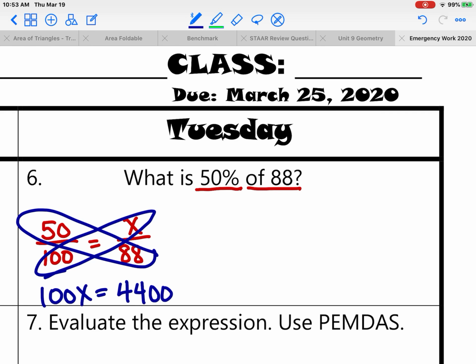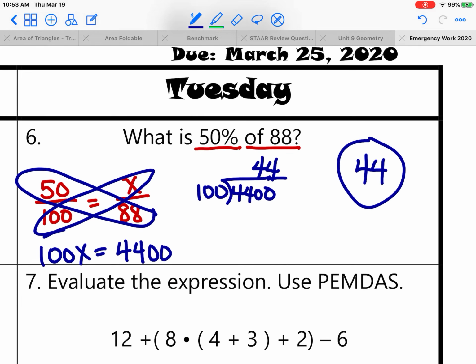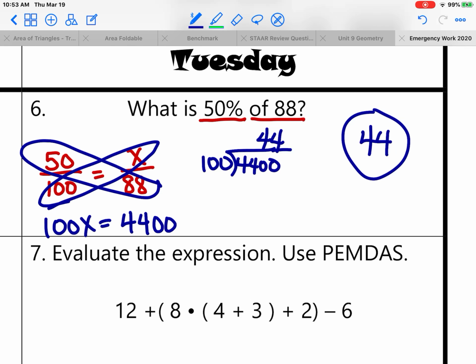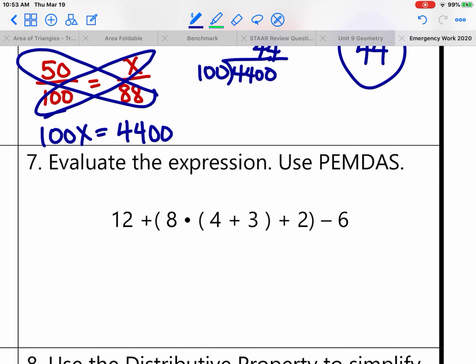So, what we do now is we take 4,400 and we divide it by 100. And that is, my friends, 44. So 50% of 88, as hopefully you all already knew, is 44. Circle your answers. It makes it so much easier for your teacher to grade. Show all your work. I'm not just giving you the answers.